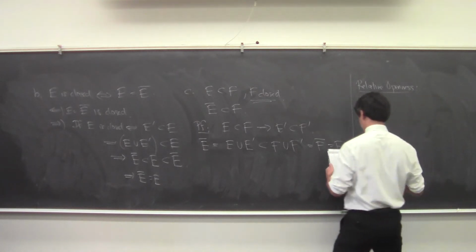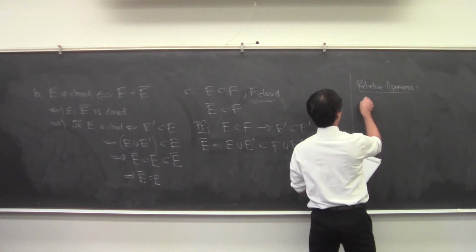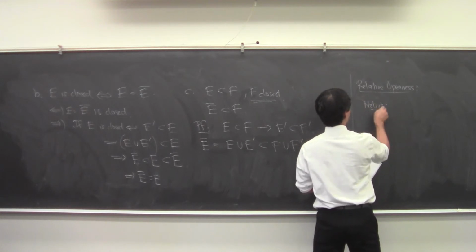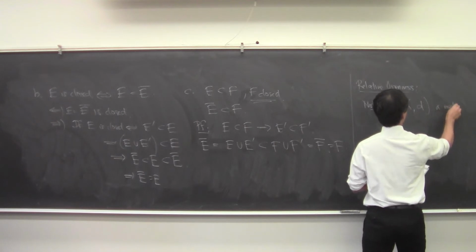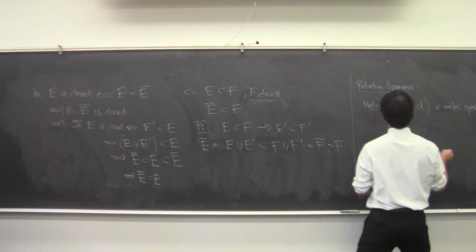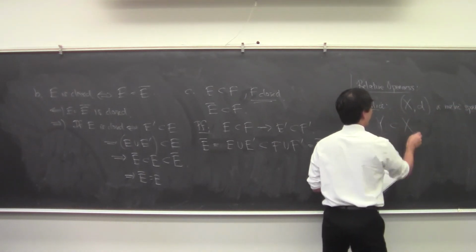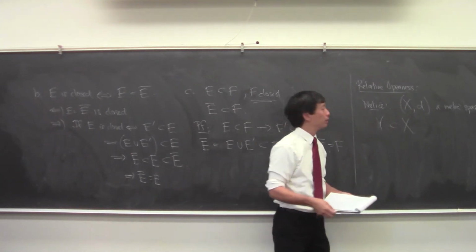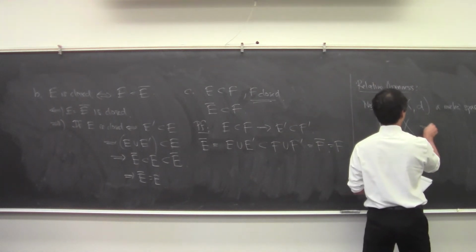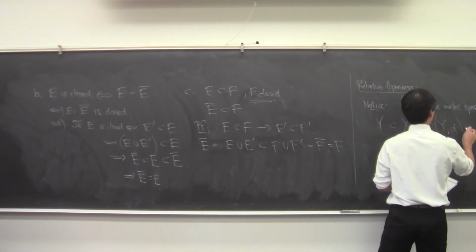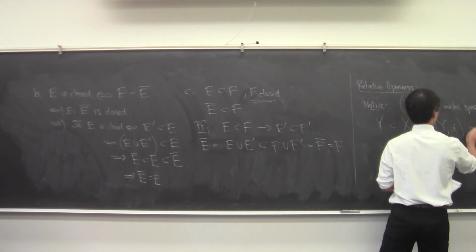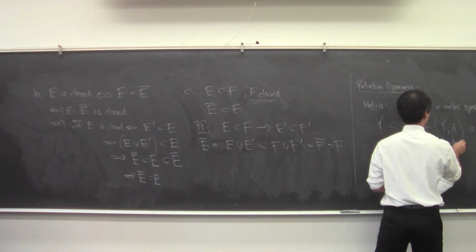So notice, if you have a metric space, and you have some subset of the metric space, well then just use that. It's still a metric space, right?